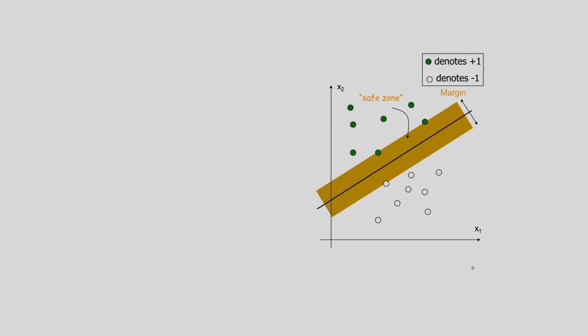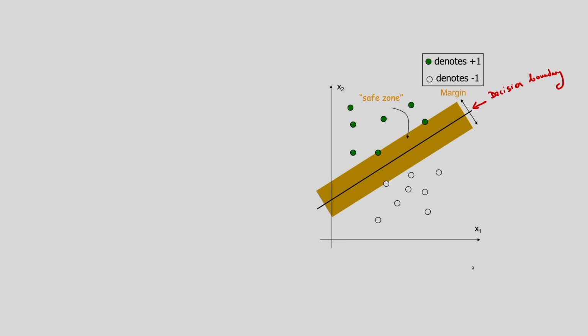Moving to the next slide. In this figure I have shown the same classification problem. We are considering two classes and we have shown the decision boundary. Now I am defining one term: the margin. The margin is defined as the width that the boundary could be increased before hitting a data point.